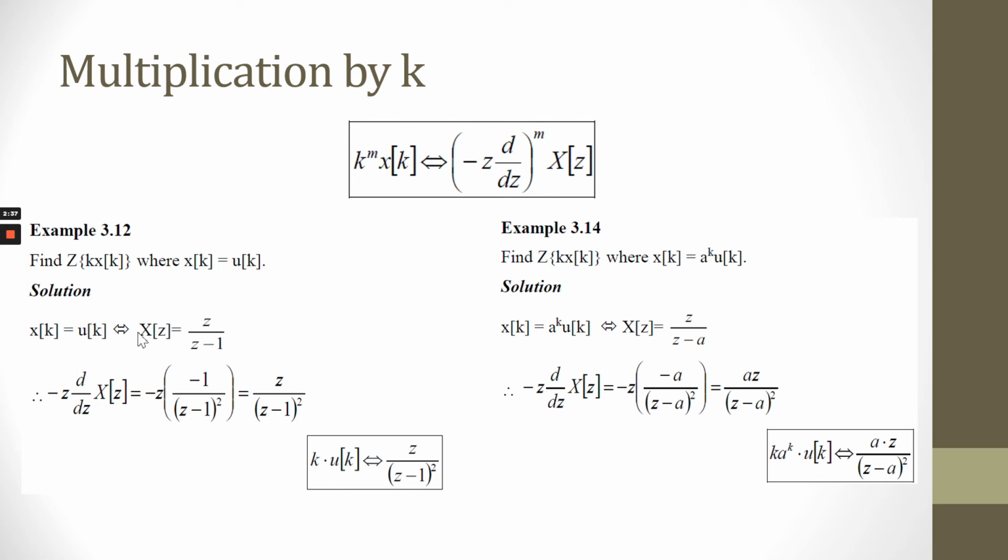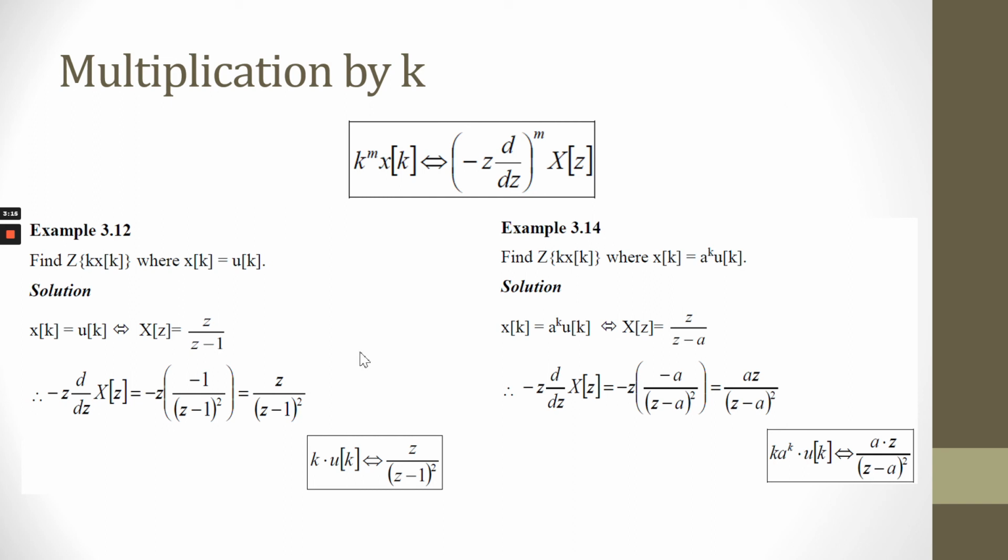For u[k], the z transform is equal to z divided by z minus 1, and then based on this equation of multiplication by k, we multiply this exact equation with negative z and we differentiate X(z). So based on the differentiation theorem, we have this one for the solution of this part, which after rearranging we have z divided by z minus 1 squared.